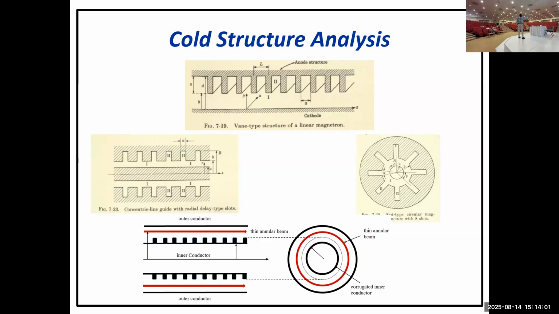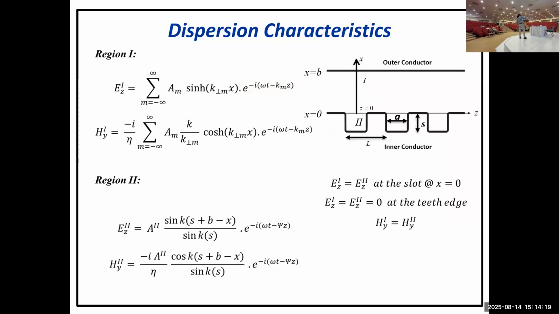And the wave number related to the dispersion curve will be periodic. There is Floquet's theorem, or Bloch's theorem in optics, that governs this. So you write the fields in terms of a Fourier expansion. No longer is it going to be a simple field. Now for this structure, this is a cold structure, you have two regions.